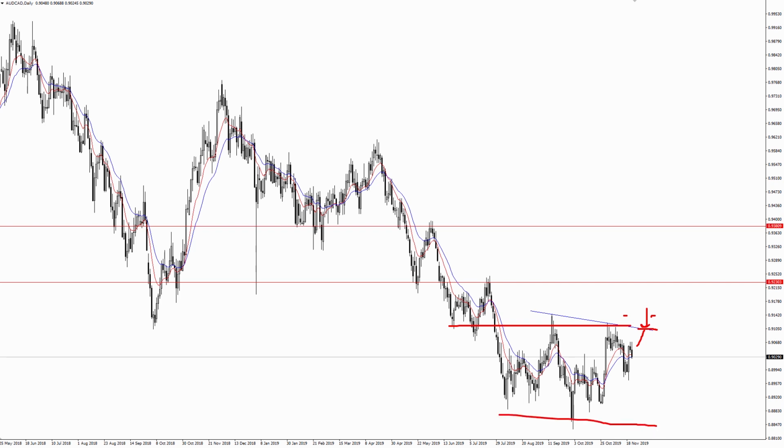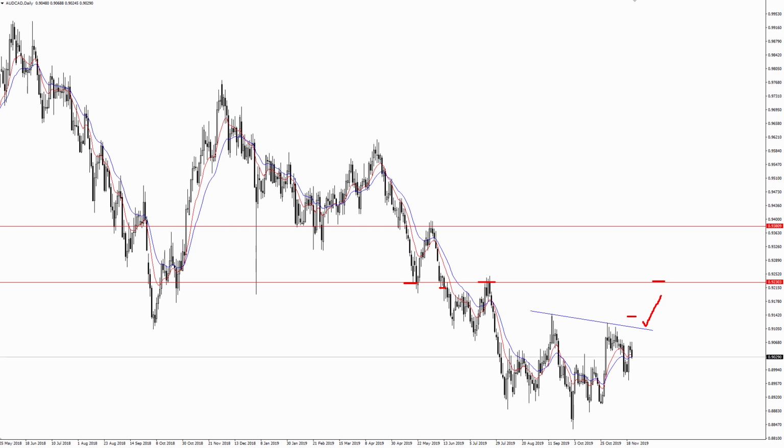If we do see the pair close above that neckline though, we could then see a push up into that 92.30 area. So notice how it acted as support back here. It then closed below it and 92.30 started to serve as resistance.